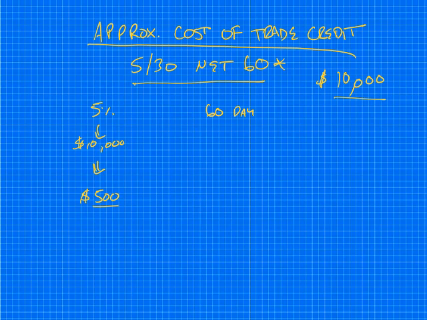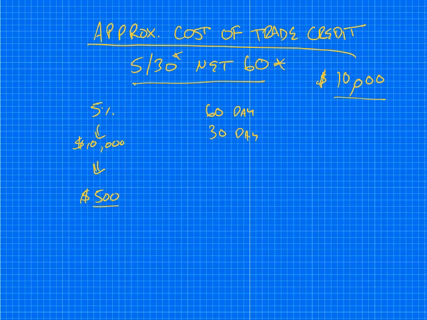The next thing you want to look at is the number of days to which the discount does not apply. You know when the bill is due, and you know the number of days to which you have this nice little discount, which is 30 days.